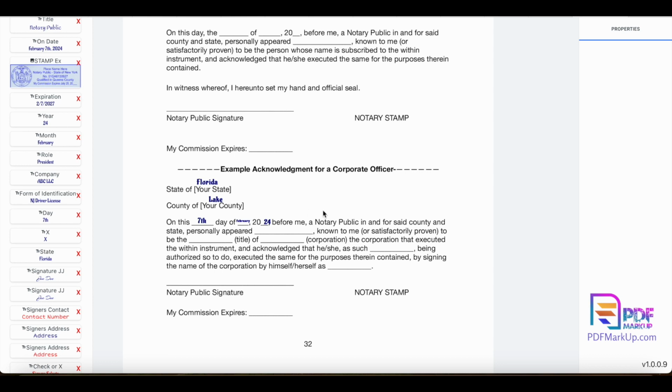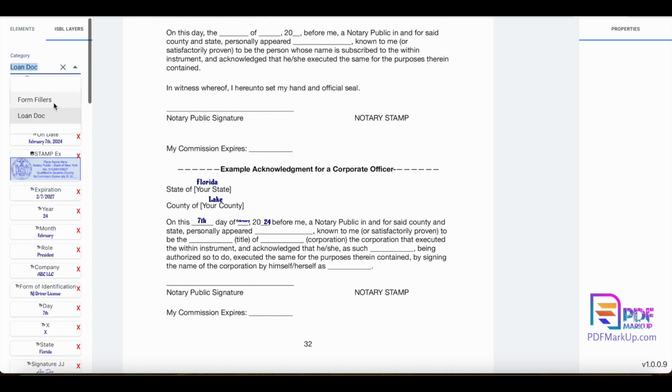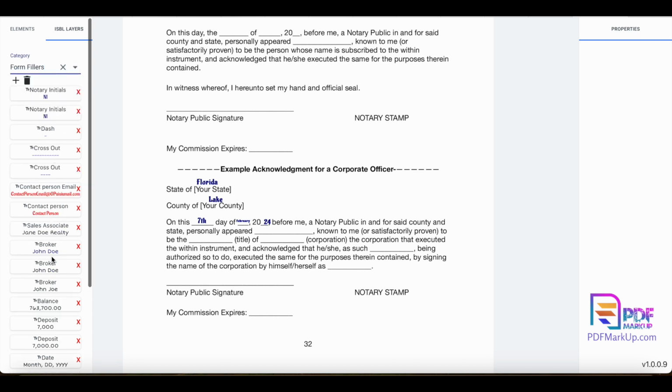I recommend those. Before me, a notary public in and for said county and state personally appeared, the person who personally appeared before you. In this case, it's our best friend, John Doe.